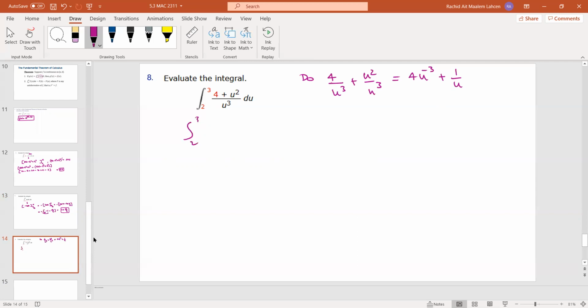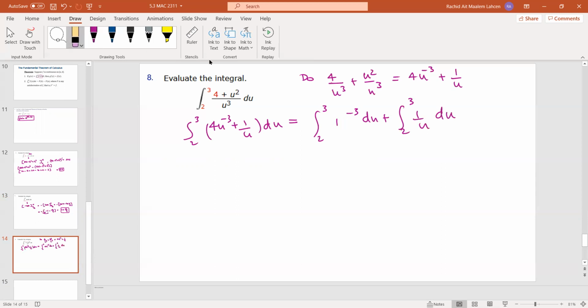And now from the properties we saw that with this you can do this way. And even the 4 as well can come here.